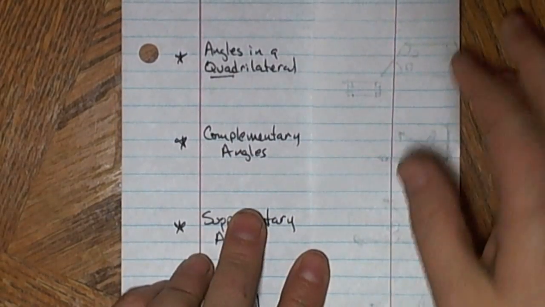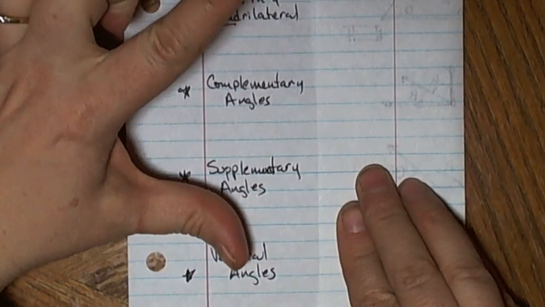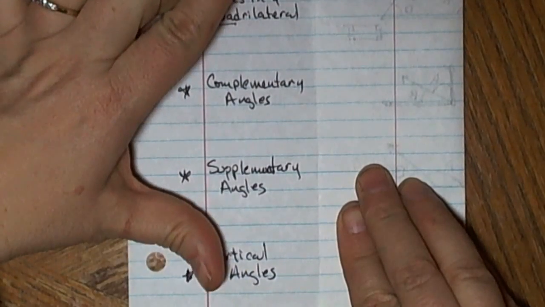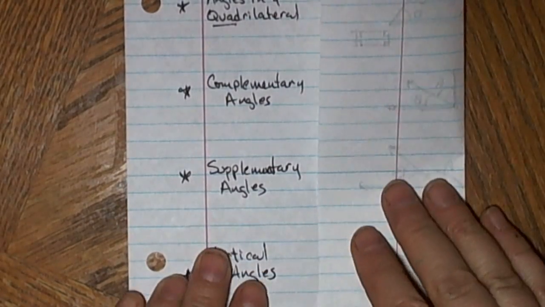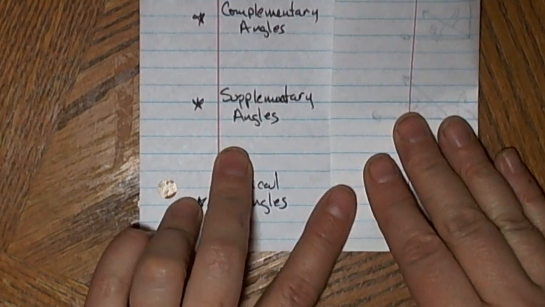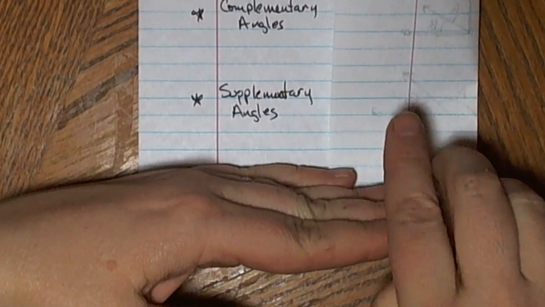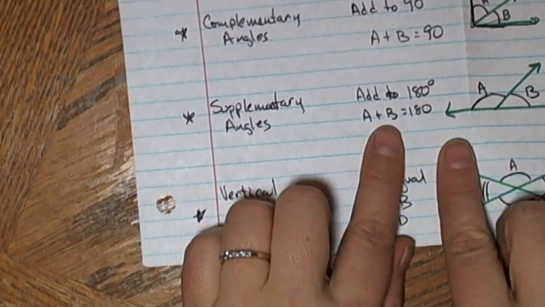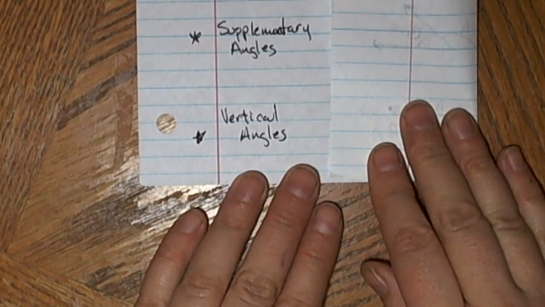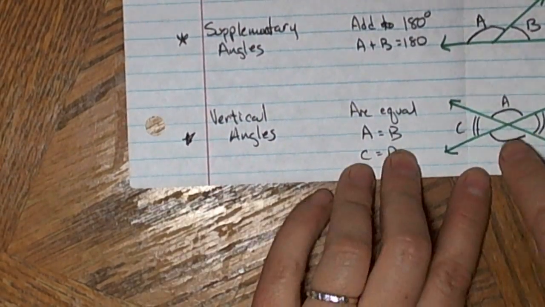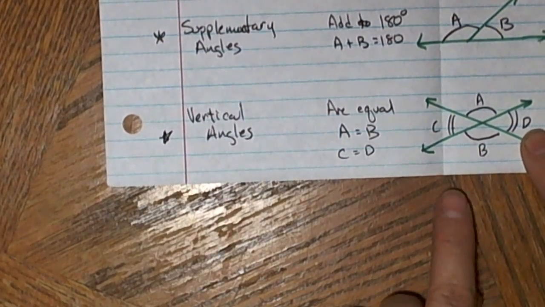Complementary angles are angles that add to 90 degrees. I remember that because 90 degrees is kind of like the letter C. Supplementary angles add to a straight line, which is 180 degrees, so there are two angles that add to 180. And finally, vertical angles are angles across from each other when two straight lines cross, and they're equal to each other.